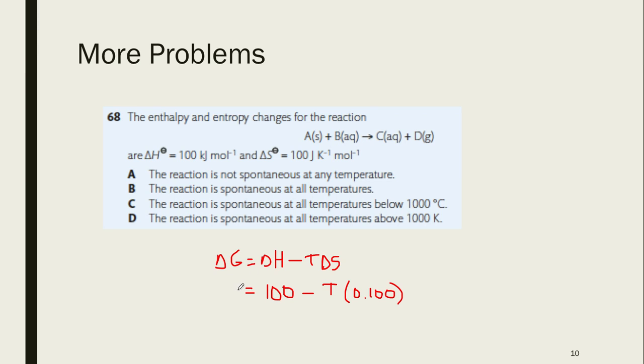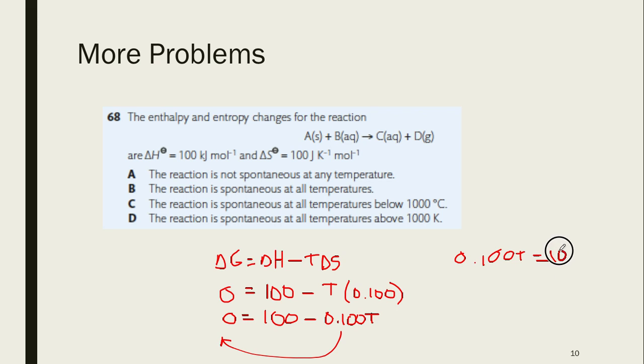Okay? So remember, if delta G is less than 0, it's spontaneous, and if it's greater than 0, then it's not spontaneous. So if we set delta G equal to 0, we can then solve this equation. So 0 equals 100 minus 0.100T. We can bring this to the other side, and that gets us 0.100T equals 100.